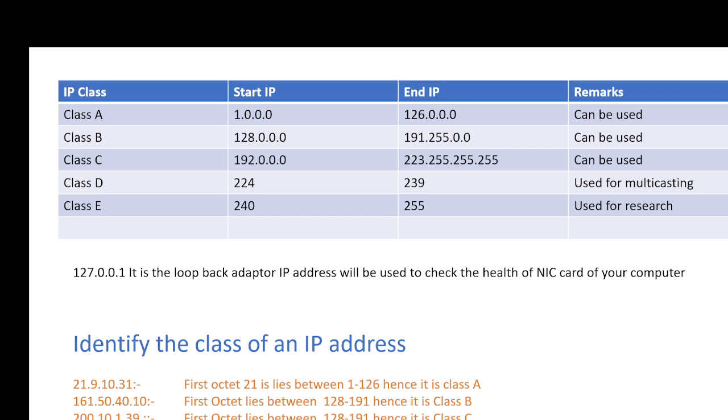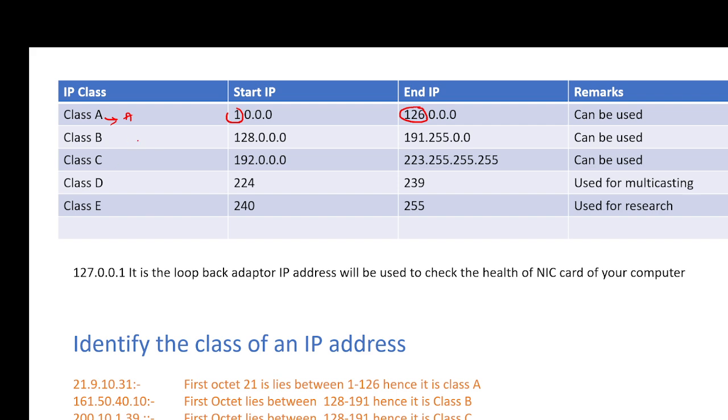When you write an IP address, it will have 4 octets. You have to look at the first octet. If the first octet starts between 1 to 126, guys, it is class A.